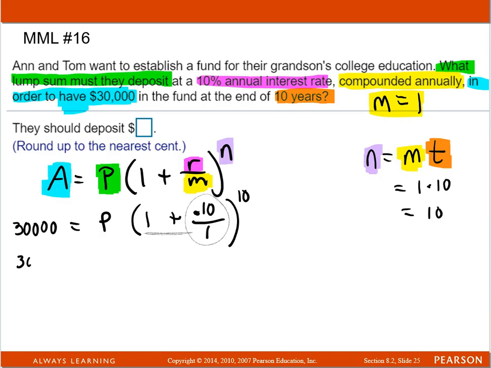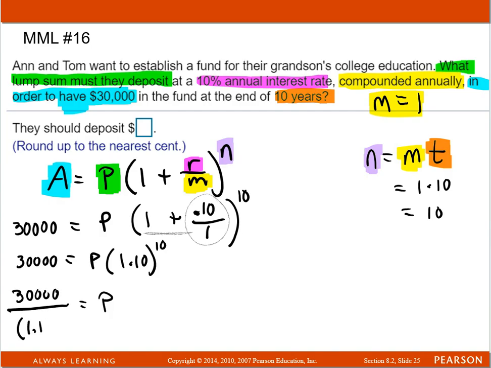So 30,000 is going to equal P times 1.10 raised to the 10th power. Well, if 30,000 equals P times 1.10 to the 10th, then P should equal 30,000 divided by 1.10 raised to the 10th.